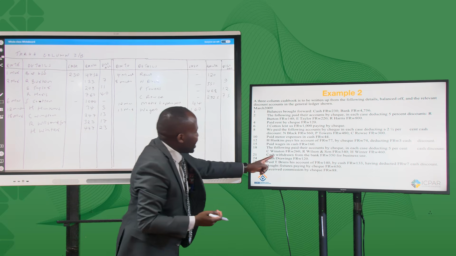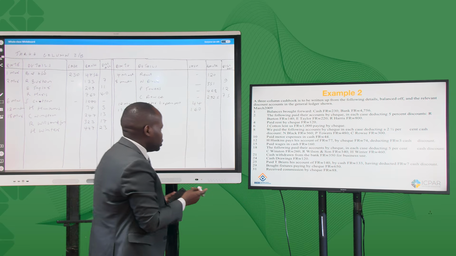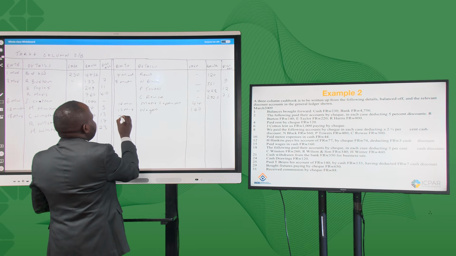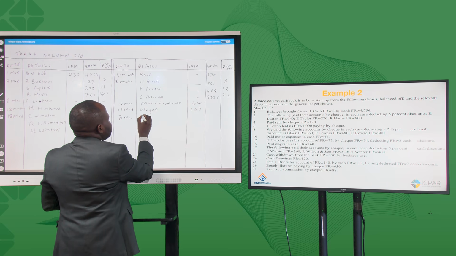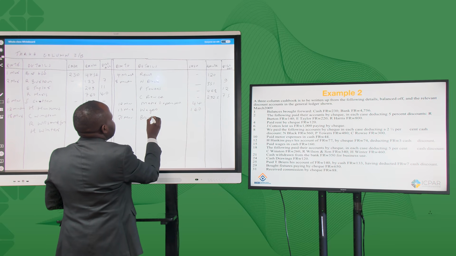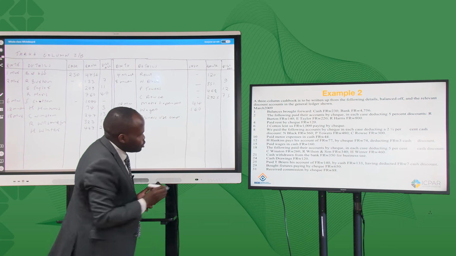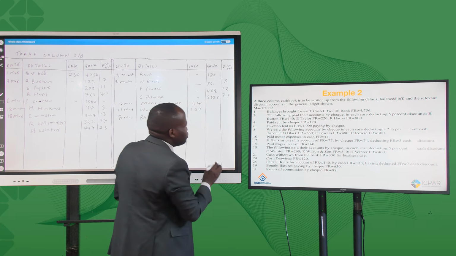Next date, cash withdrawn from the bank for business use. So that is 21st March, cash withdrawn from the bank, 350 for business use.